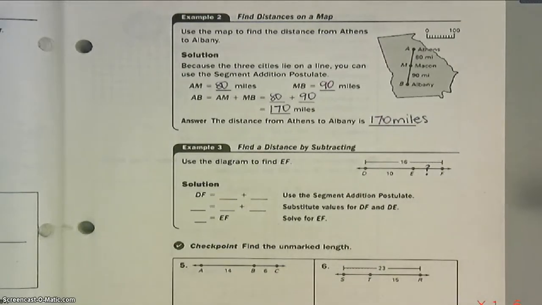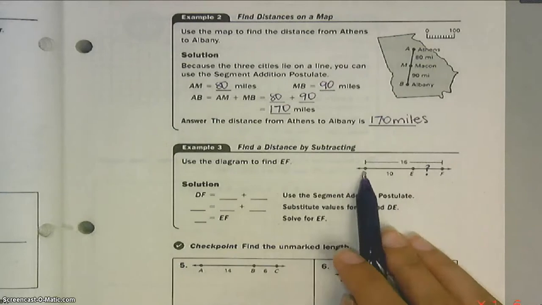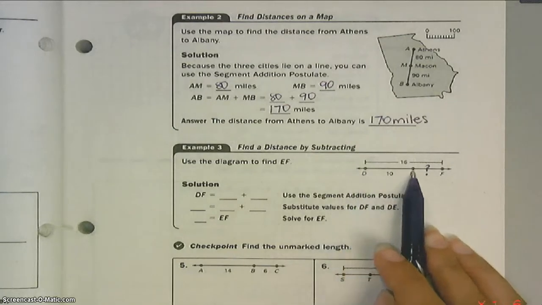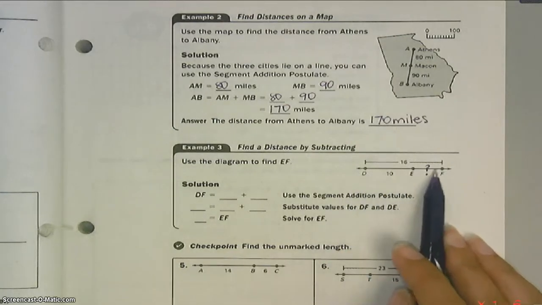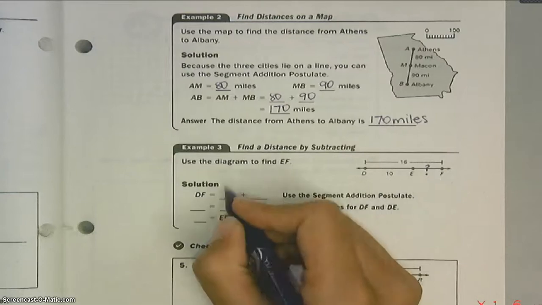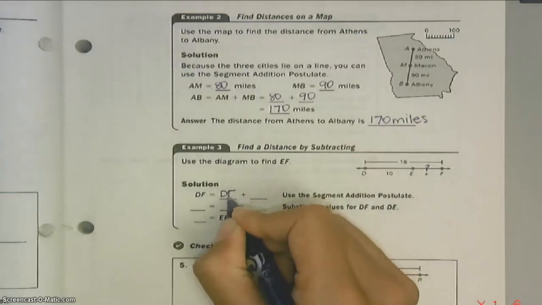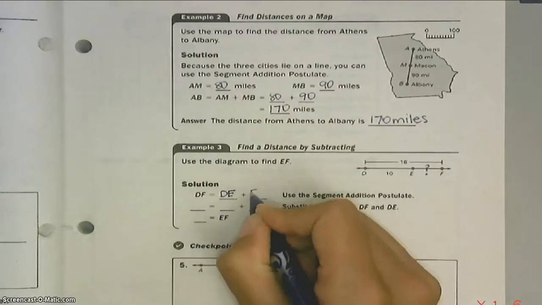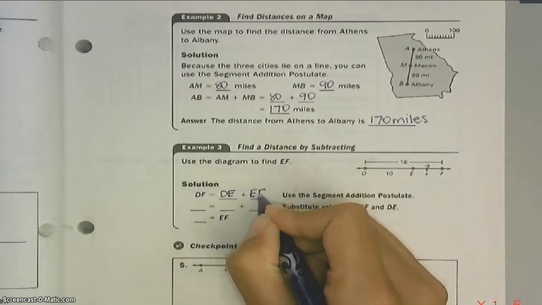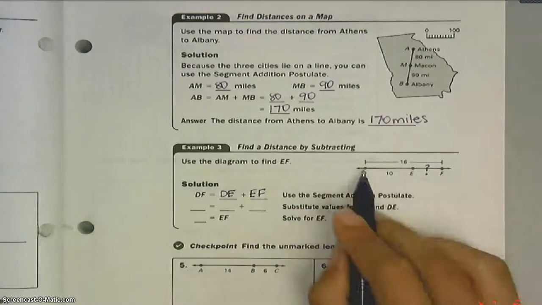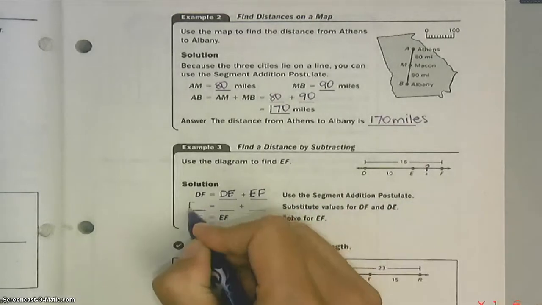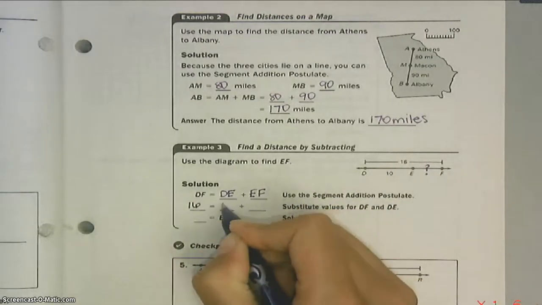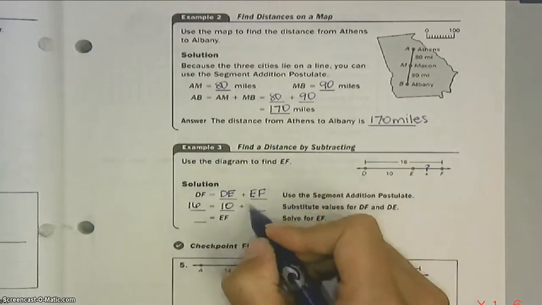So some of you can do this in your head, but let's write it out. I know that I can write these two together to equal the whole thing. So DF is the same as going from D to E and then E to F. Well, we know that DF is 16, and I already have 10 of it.